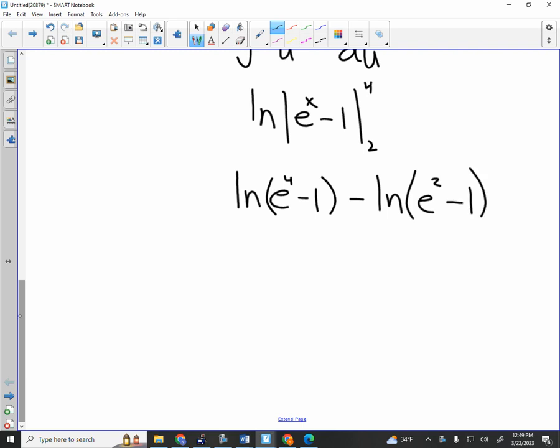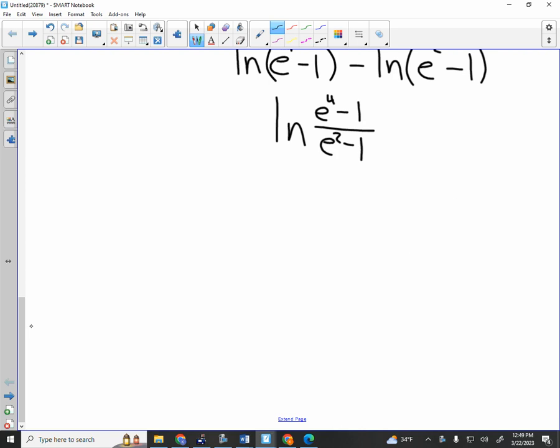And that will not be listed as the answer on the AP exam. In fact, this is directly from an AP problem. You divide. Natural log of e to the 4th minus 1 over e to the 2nd minus 1. And that will not be the answer. You factor it out because you have the difference of 2 squares on top, don't you?